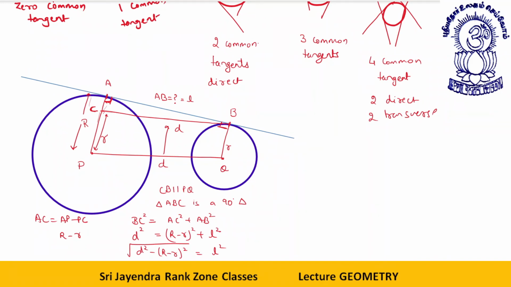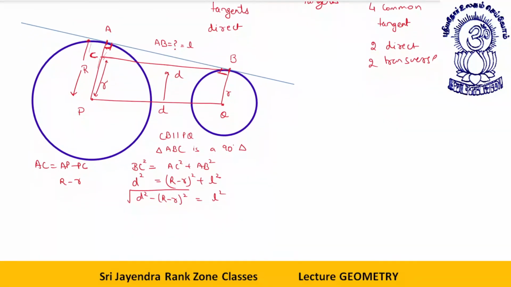Clear to everyone? Now I can say L square implies L is equal to the root of D square minus (R minus r) square.